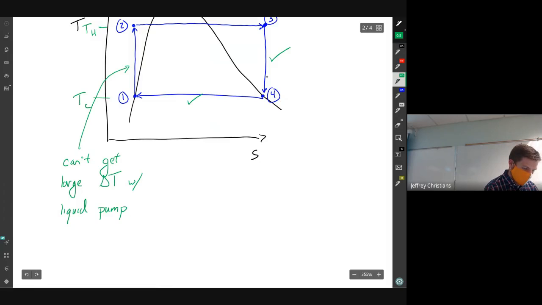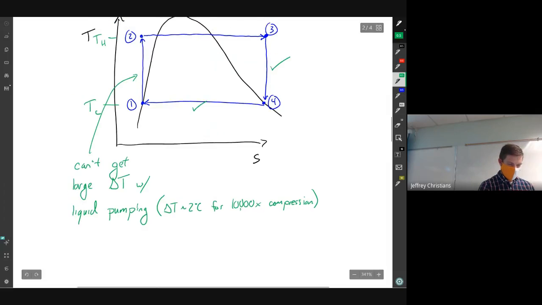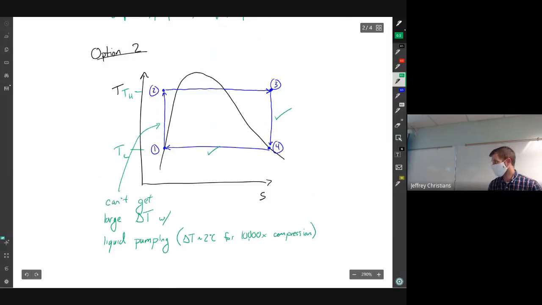We can't get a large delta T with liquid pumping. Right, we only got 2 degrees for a 10,000x compression. And we have some of the same problems going from 2 to 3, although it's not super clear.